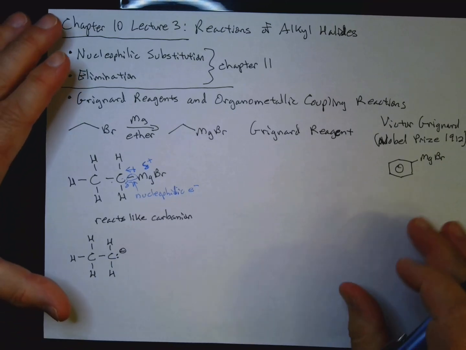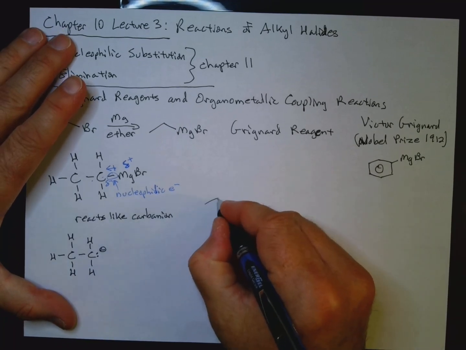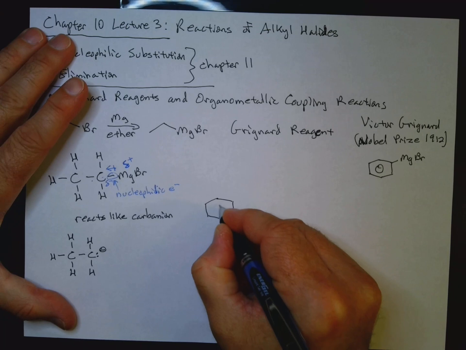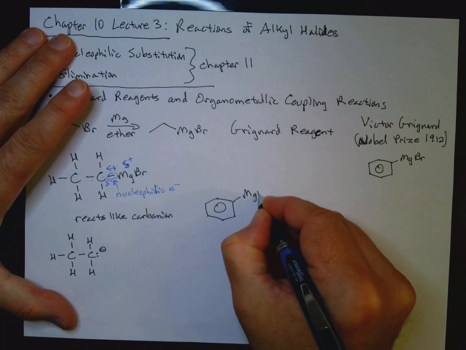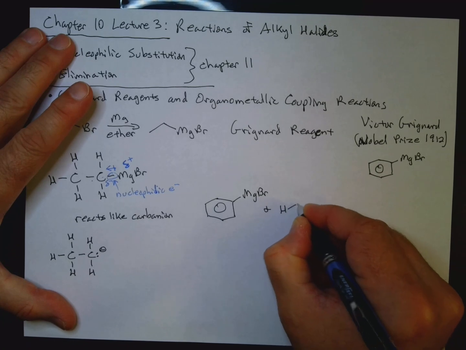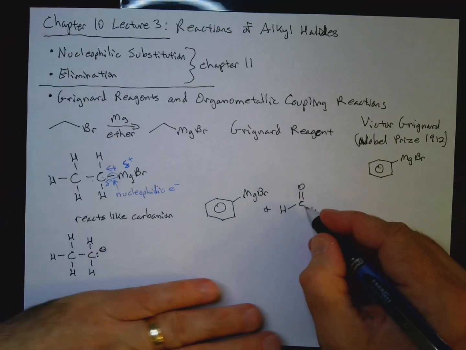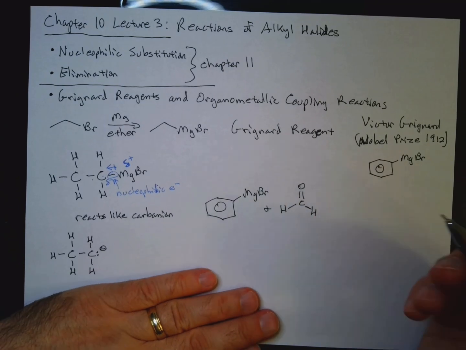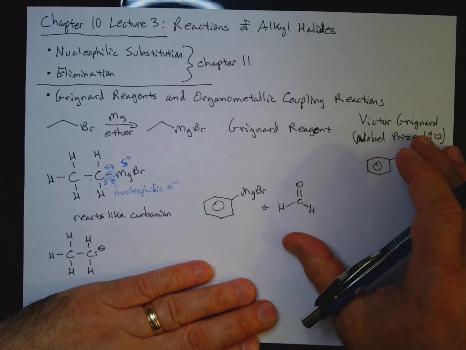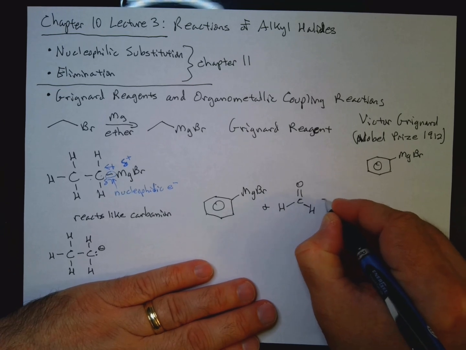And so what would happen is you do something like MgBr plus a double bond O, add it to a ketone, or it could be an alkyl halide, and you would do this in two steps here.